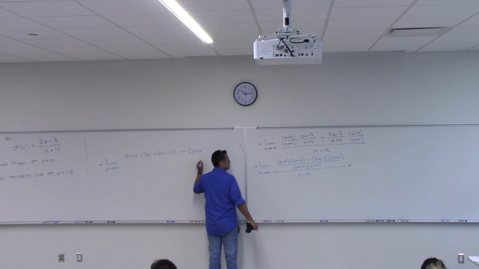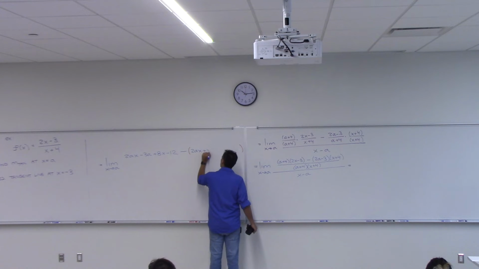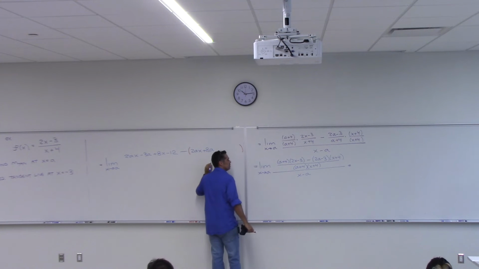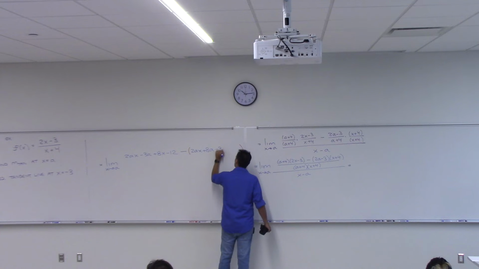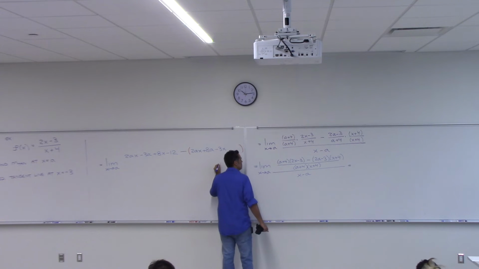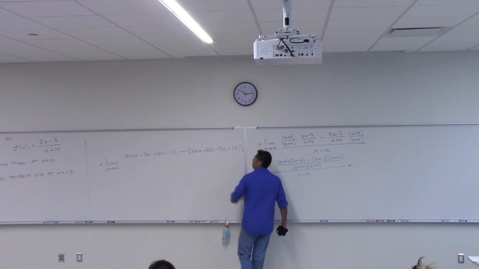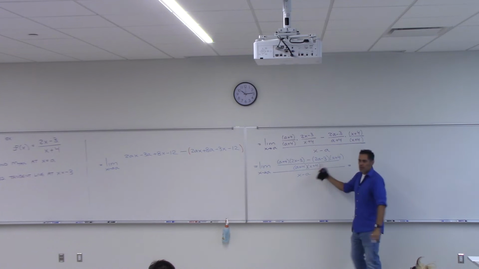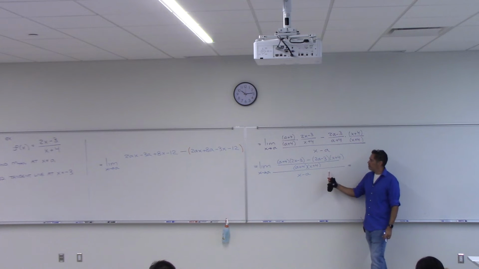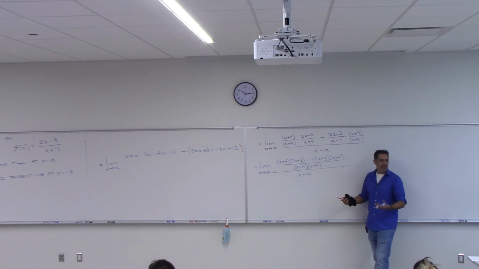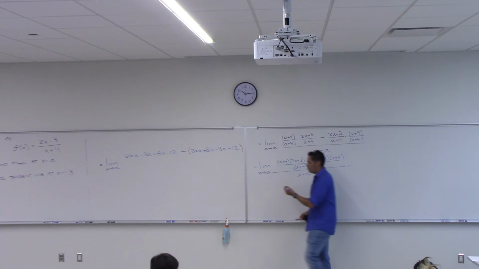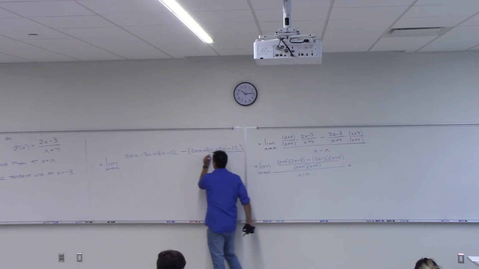Next one. 8a. Next term. Minus 3x. Last one. Minus 12. That's just algebra, right? It's just algebra. I say it that way, but I understand. This is the weakness, right? This is the problem in calculus.